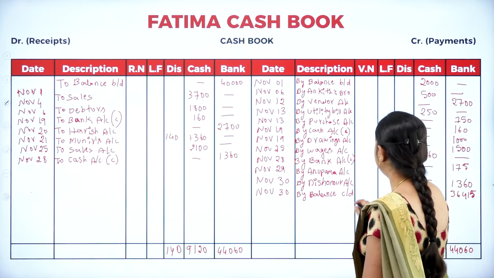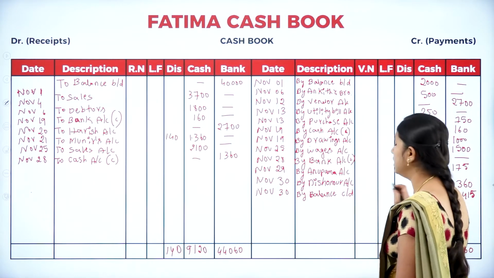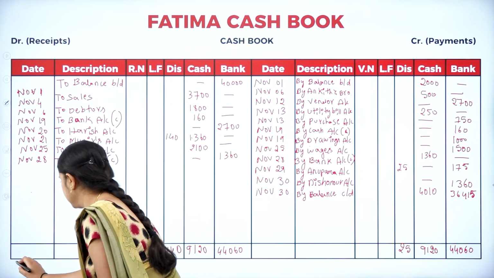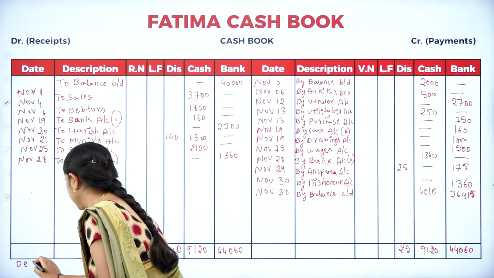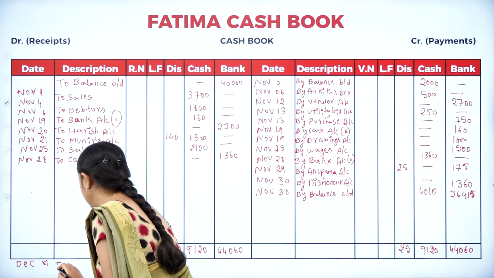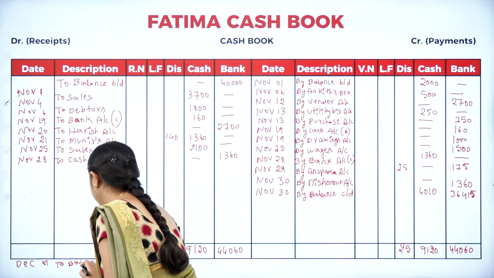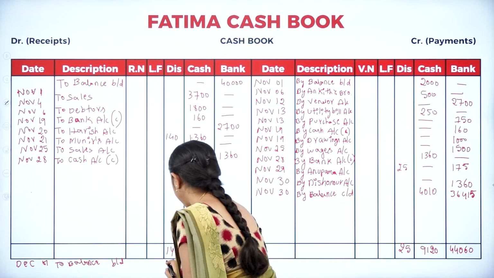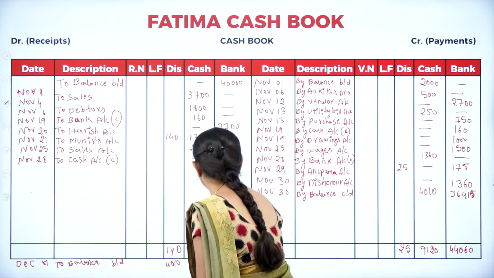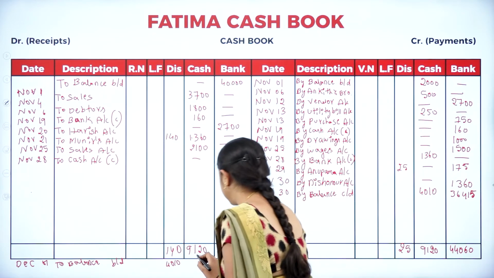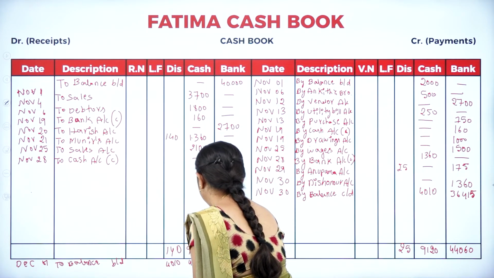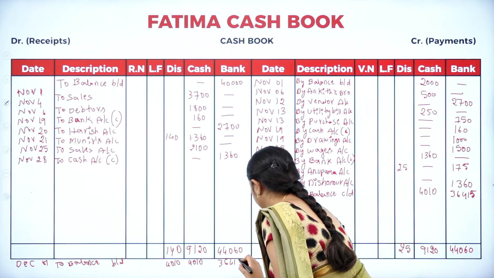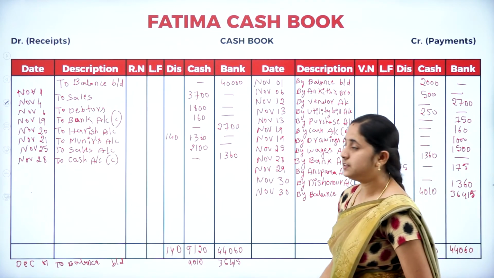So this balance 4,010 and 36,415 is brought down for the next month, that is December 1st, to balance brought down 4,010 and 36,415. Balance carried down should be brought down for the next month beginning.